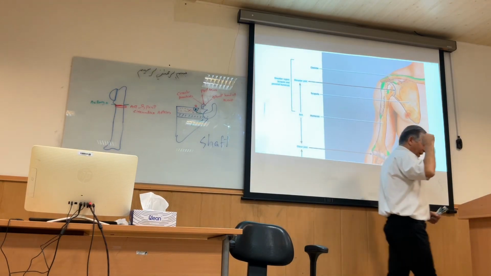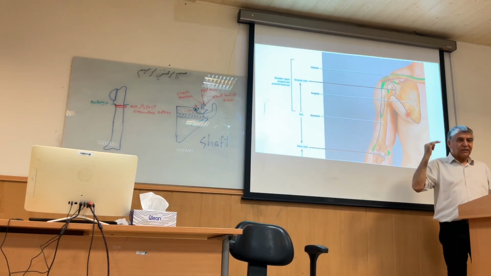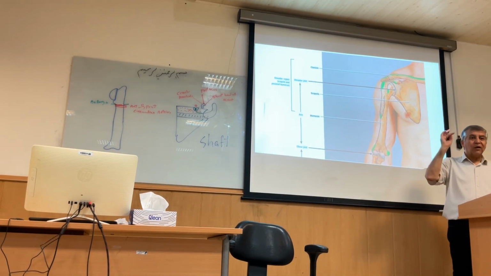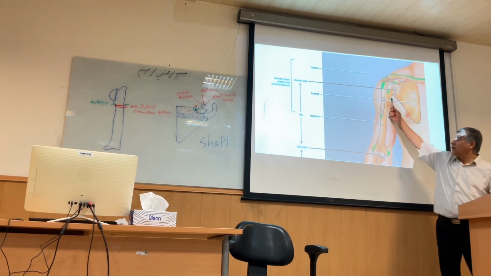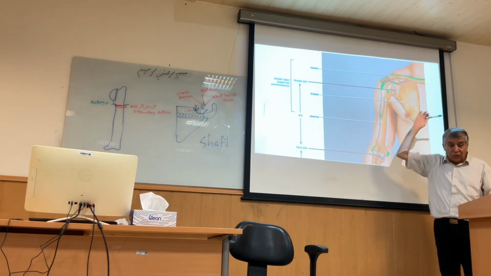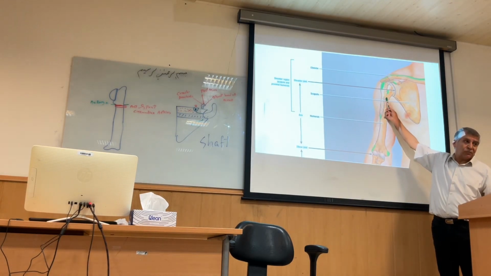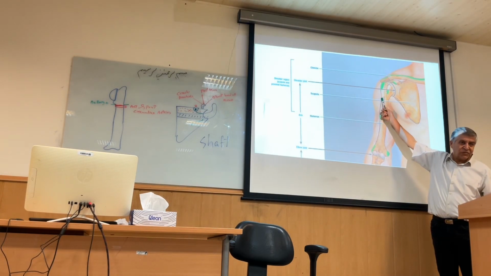Two arteries, anterior and posterior circumflex humeral, and one nerve, the axillary nerve, are related to the surgical neck. For this reason this area is very important. Surgical neck.